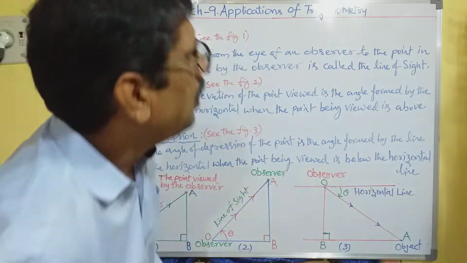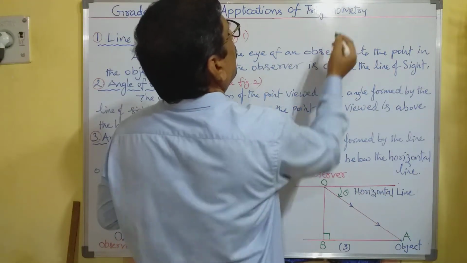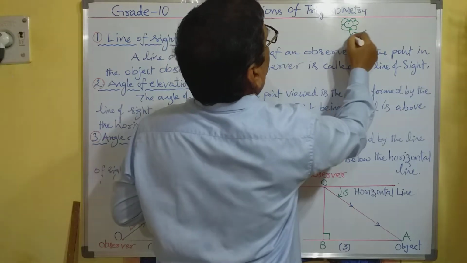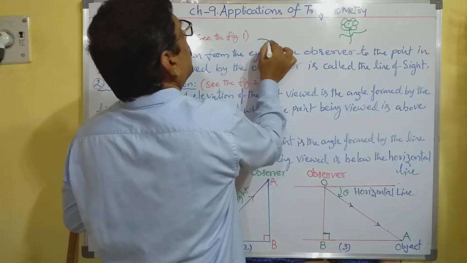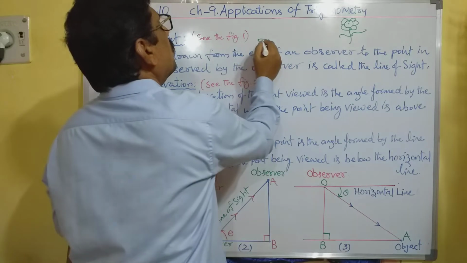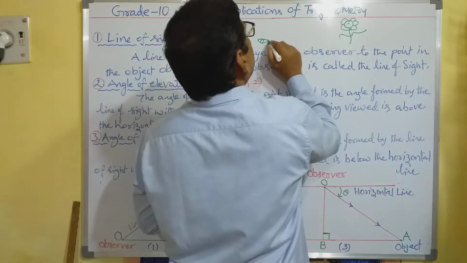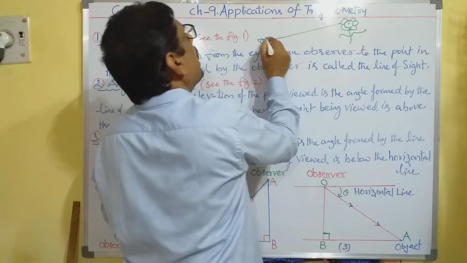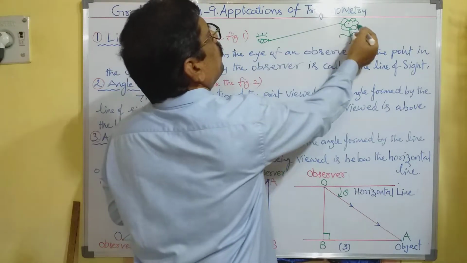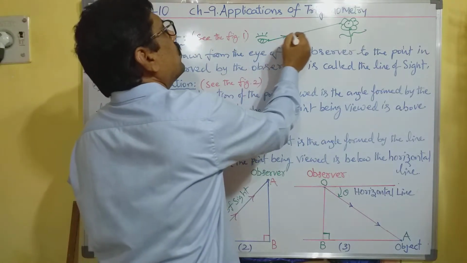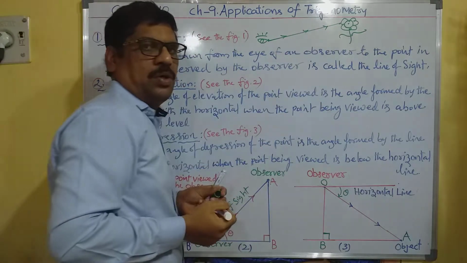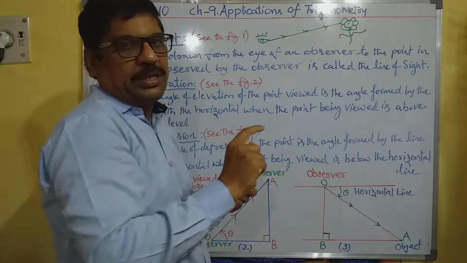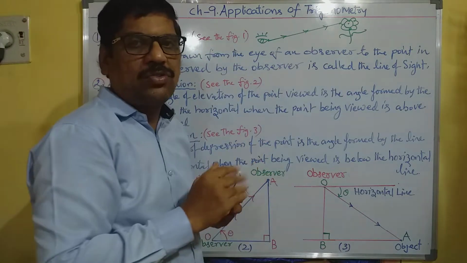So, for example, if there is a flower and a person looking at that flower, the straight line from his eye to this flower is the line of sight. The direct line from the eye to the object, whatever it may be, is called the line of sight.